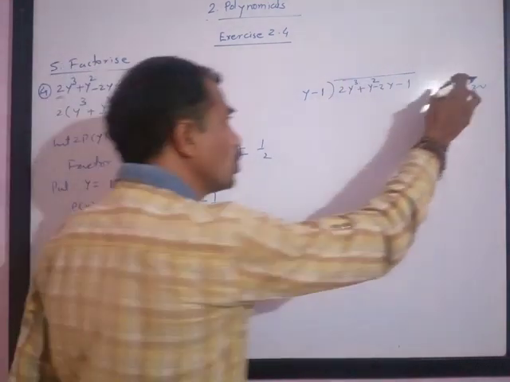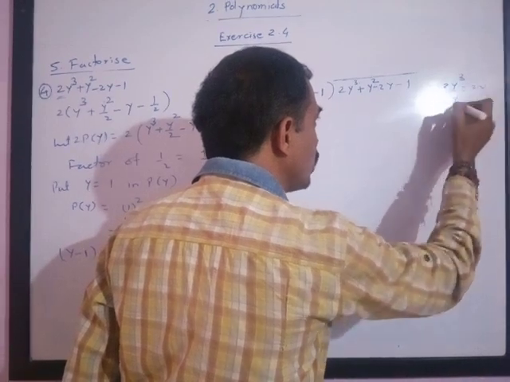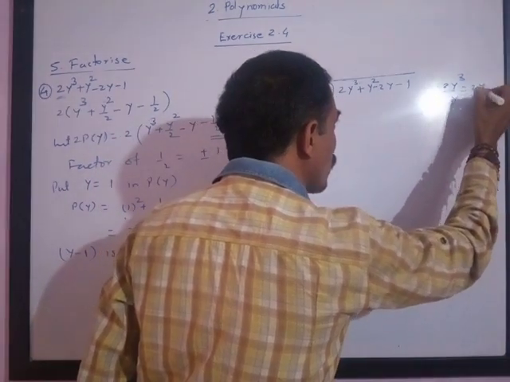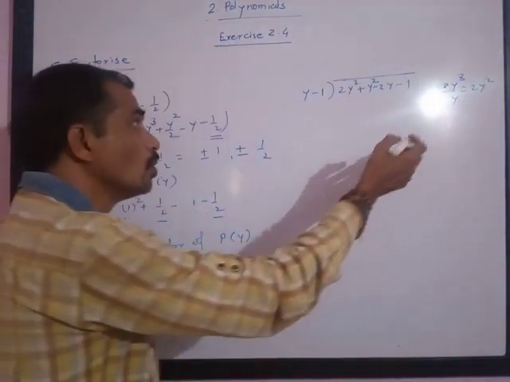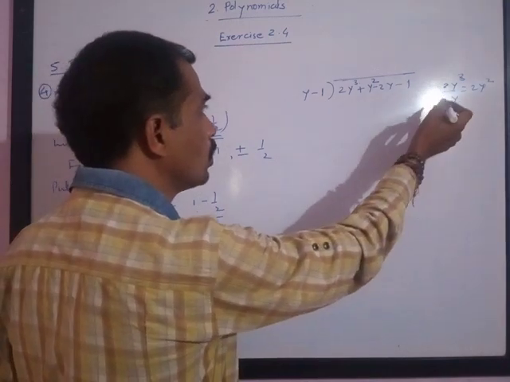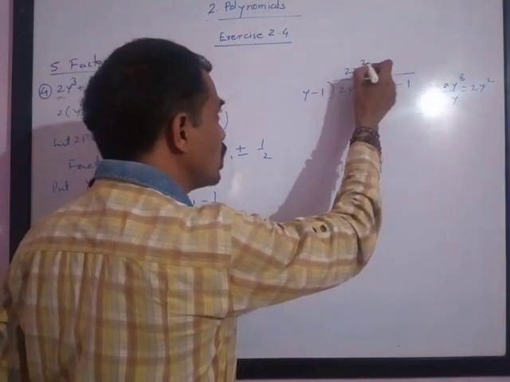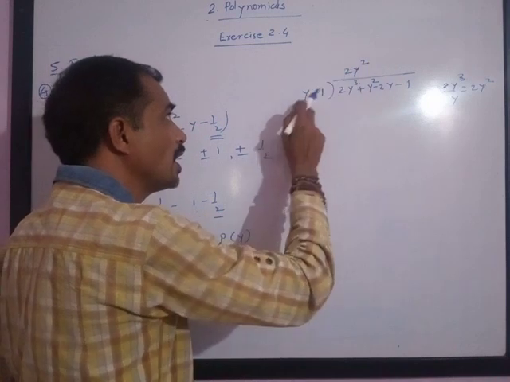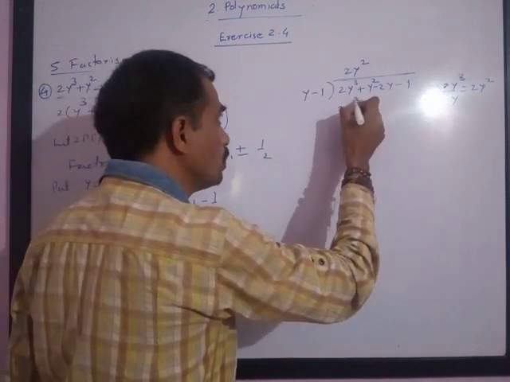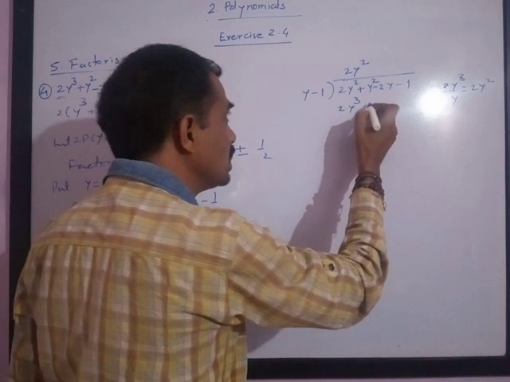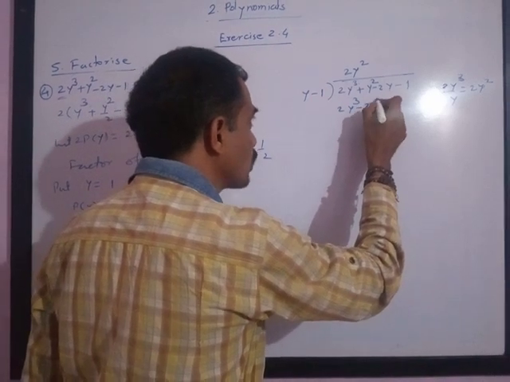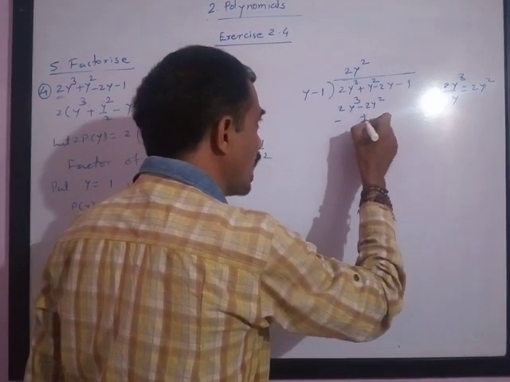Now, if you divide 2y cube by y, you will get 2y square. So 2y square is the first term of the quotient. Now 2y square into y is 2y cube. 2y square into minus 1 is minus 2y square. Please note, these signs will change.